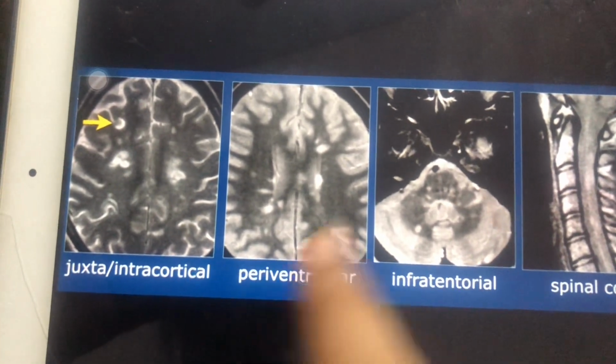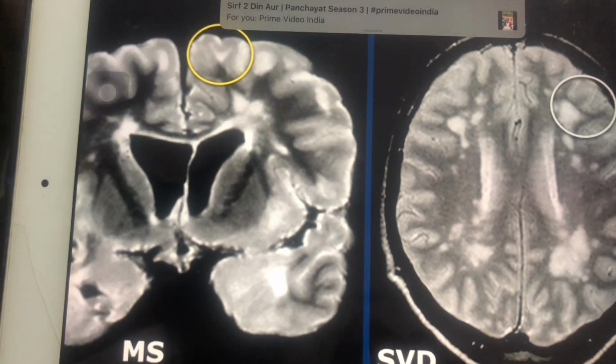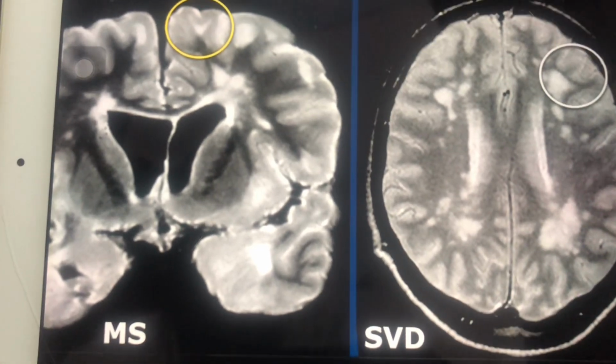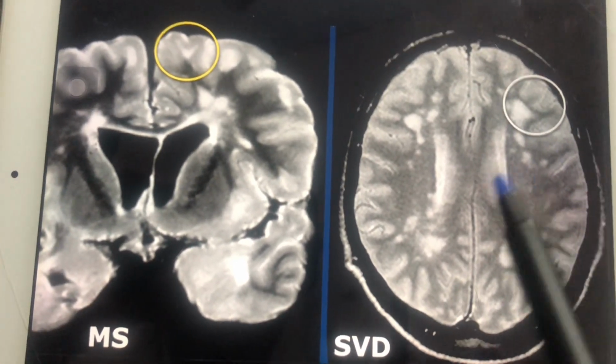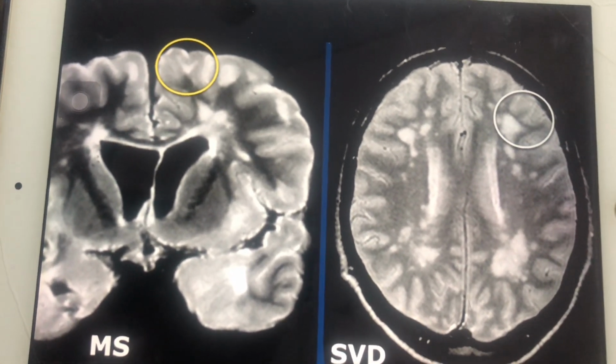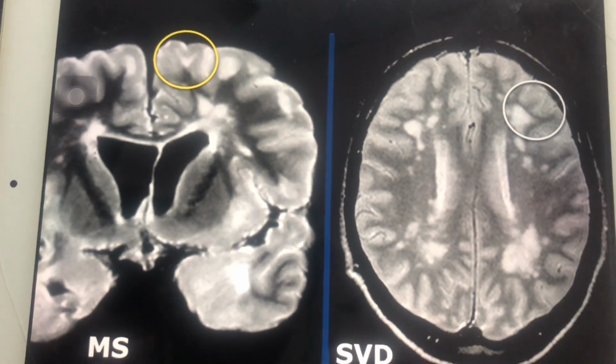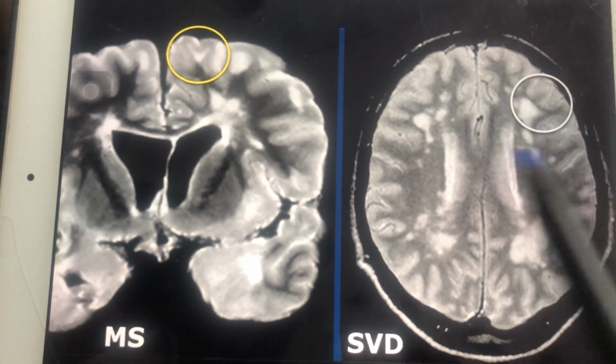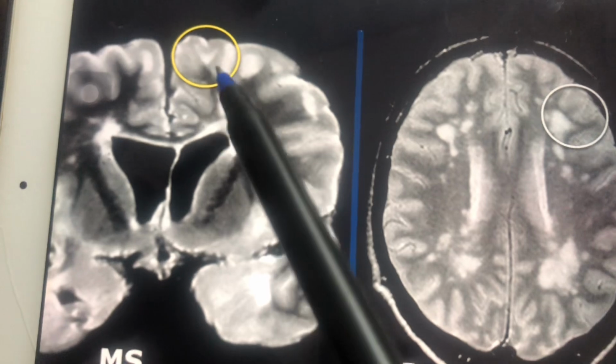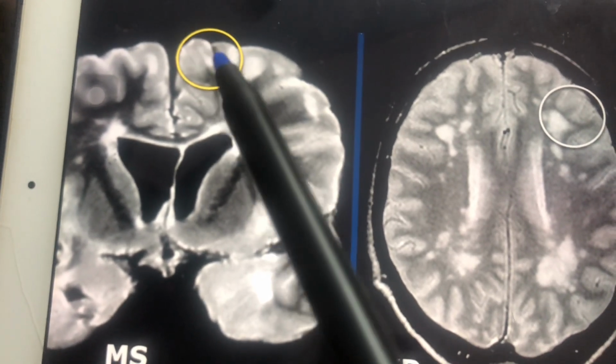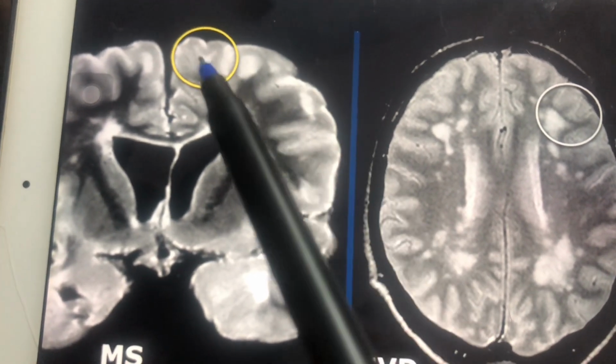It is important to differentiate juxtacortical lesions of MS versus small vessel disease. Like I said, small vessel disease is far more common, and in a patient with white matter lesions they are more likely to be small vessel disease. So how do you differentiate? Here you see this gray area, all of these gray areas are the gray matter.